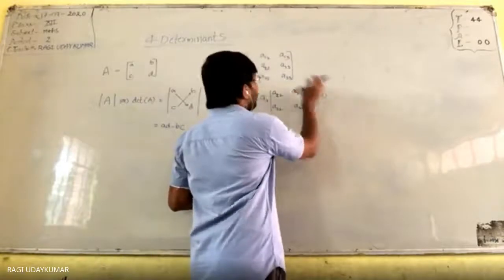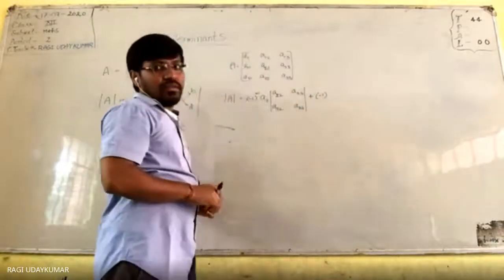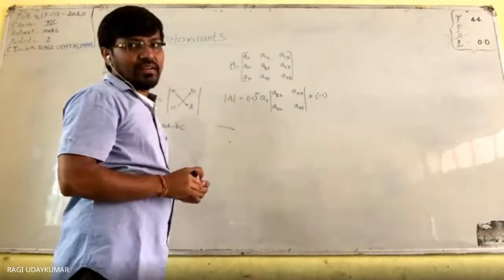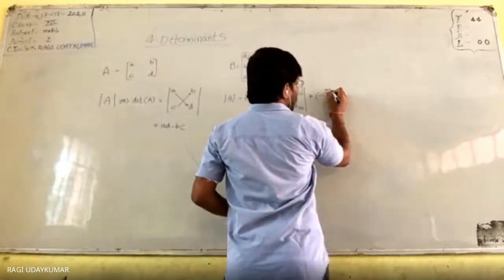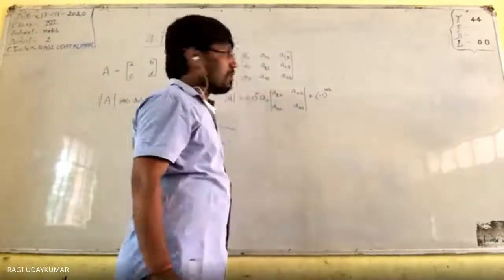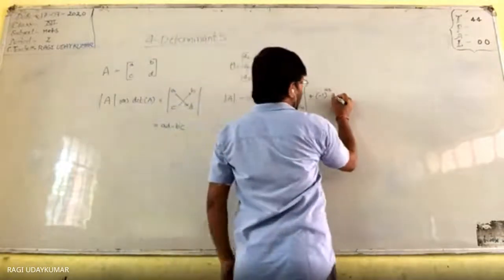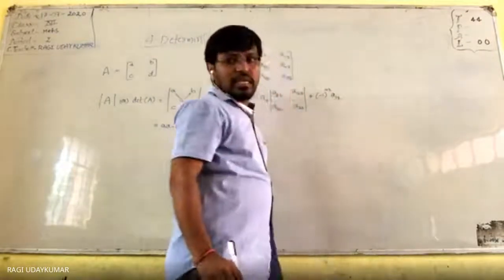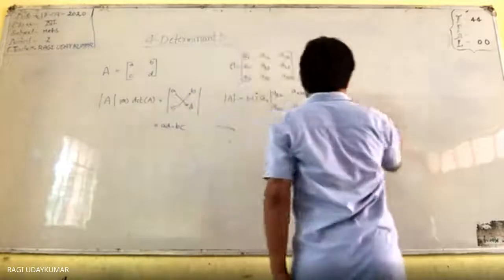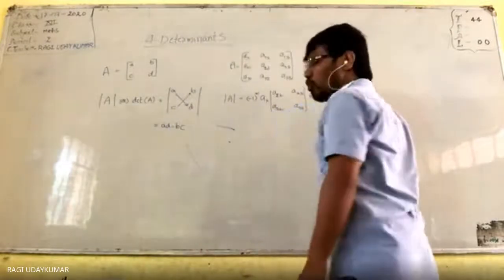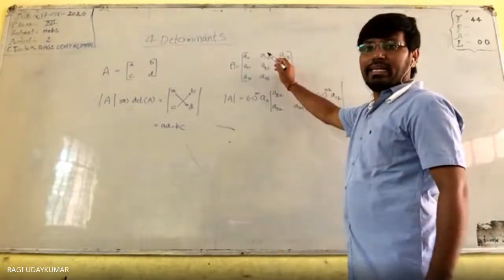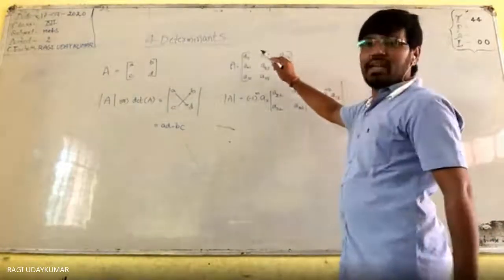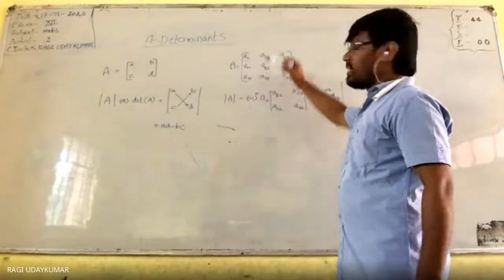Minus 1 to the power of position. What are the suffixes we are having here? 1 and 2. So 1 and 2 are suffixes. 1 plus 2, minus 1 to the power of that, and that particular place element, A12. And when the row and column containing the element are deleted, the row is the first row and the column is the second column.